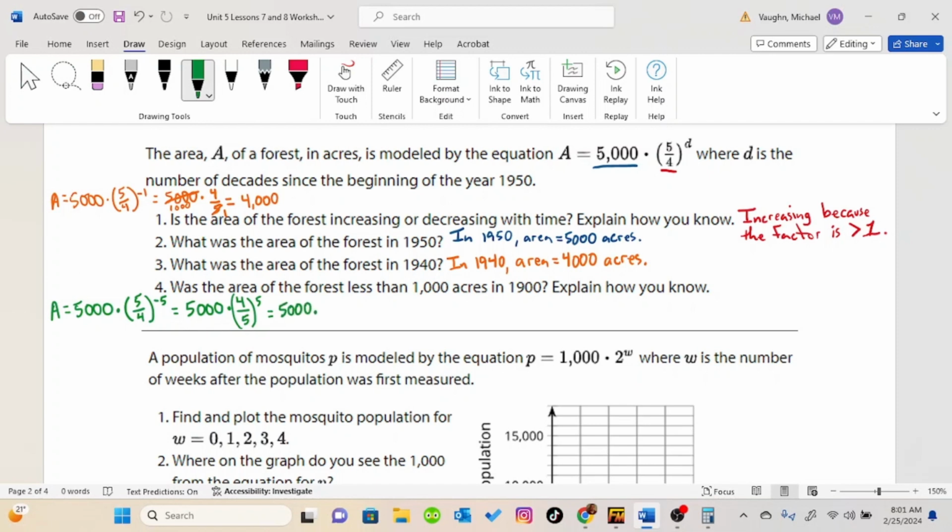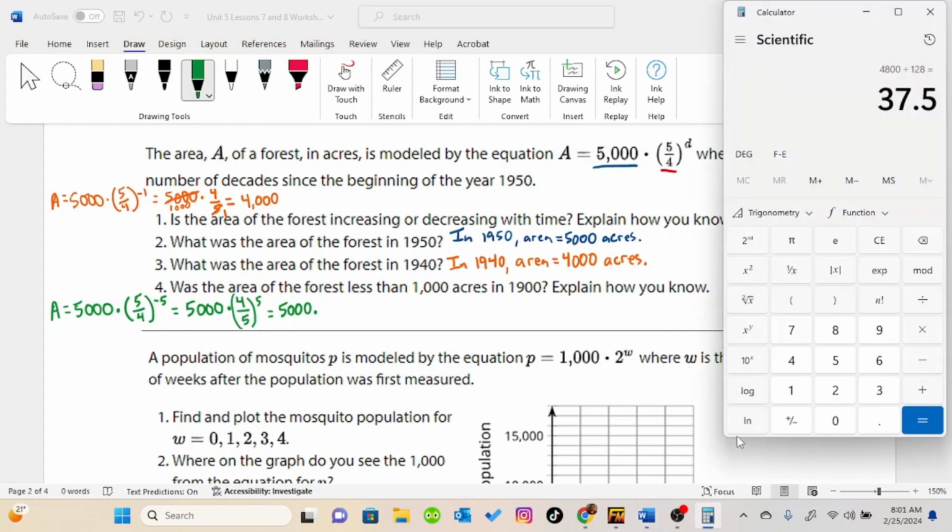5,000 times 4/5 to the 5th power. So 4 divided by 5 equals 0.8. And now we want to take that to the 5th power.